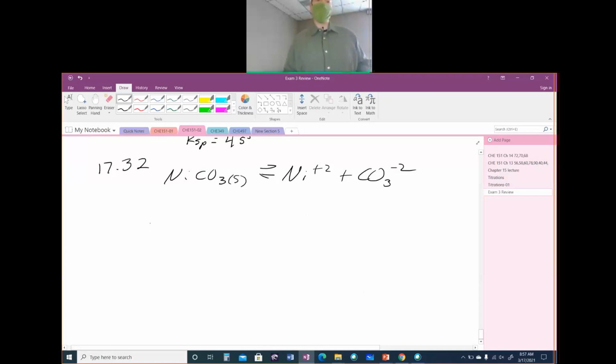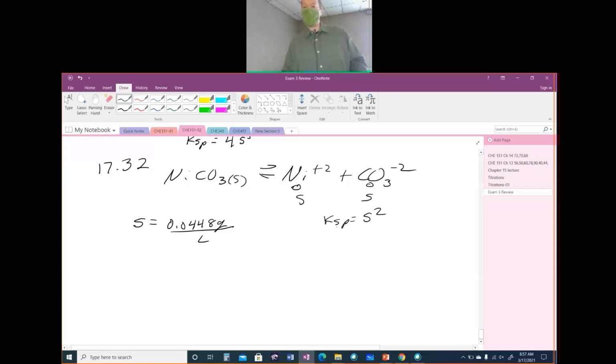They give you the solubility, except they give you the solubility in grams per liter, 0.0448. When we do this one, and of course it's 0, and then it goes to the right, and you have S and you have S, and so you see here that your KSP is equal to S squared.